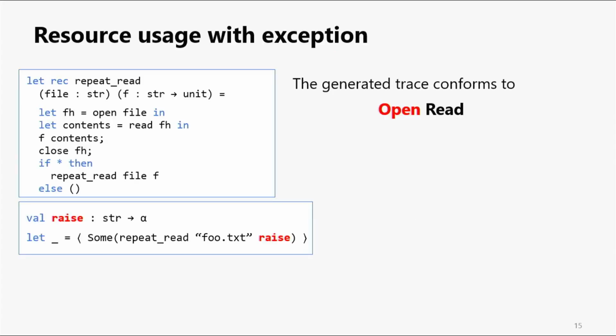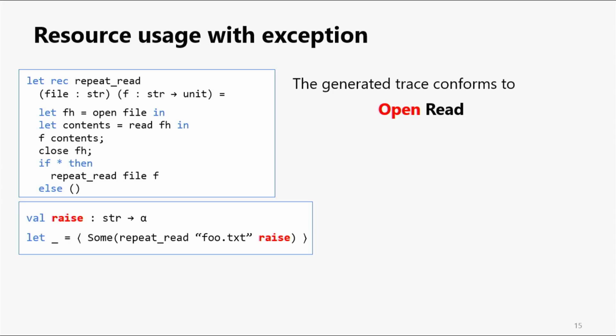Okay, but when supporting these very interesting operators, temporal verification becomes more challenging. This is an example revisiting the resource usage example, but it uses the exception raising function in the second parameter to the main function. Here the main function calls the second parameter after opening the file and reading the content.